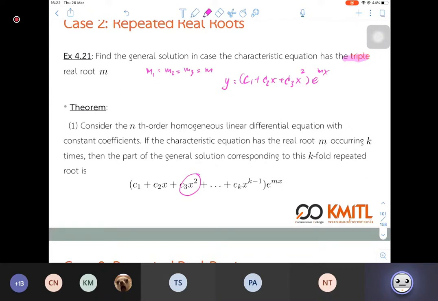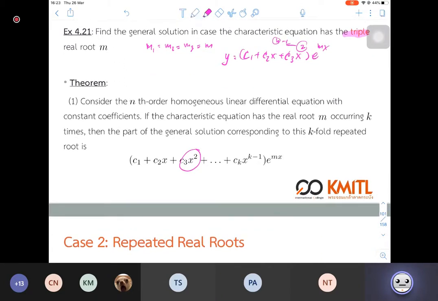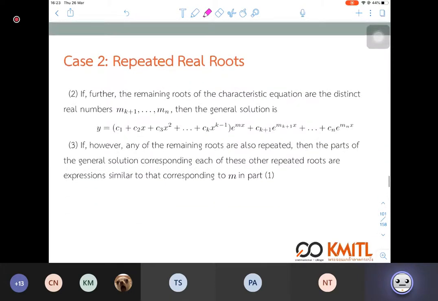Doesn't matter how many repeated roots you have, you need to put x to the power of up to k minus 1, where k is the number of repeated roots. So you have an nth order equation with root m occurring k times. So you have x squared until x to the k minus 1 for the general solution. Okay? If the roots are distinct, then it just goes like it has before. Okay.